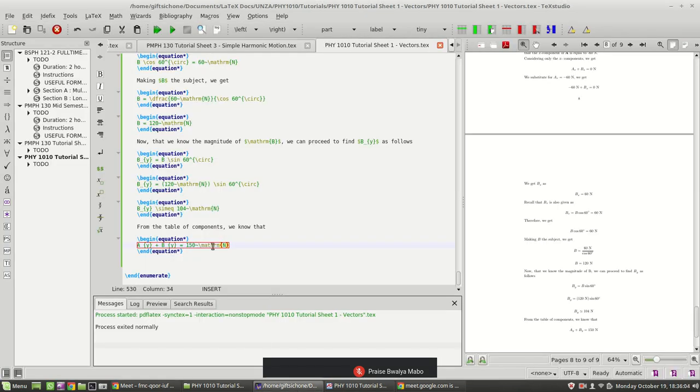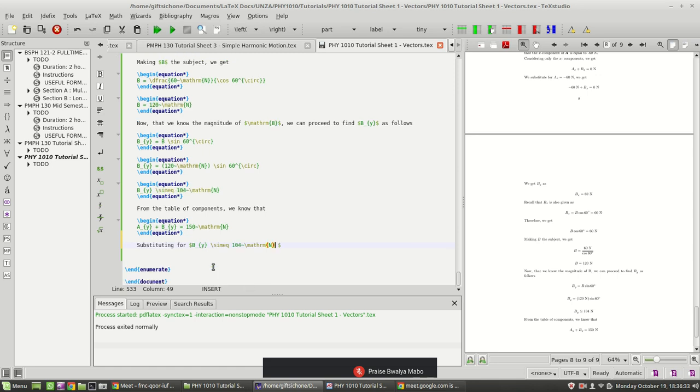So we substitute for By, which is approximately equal to 104.